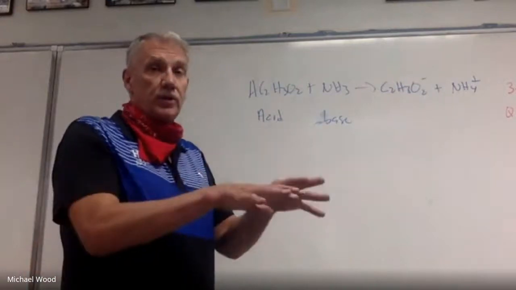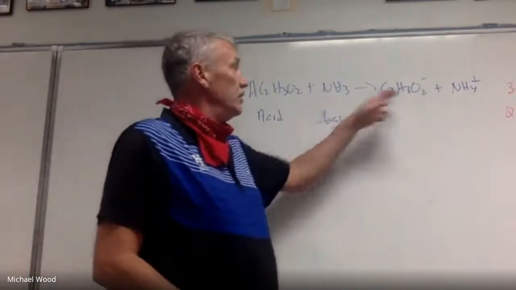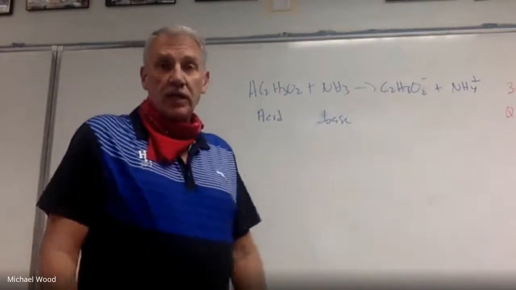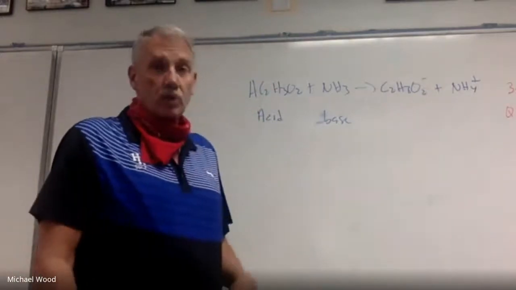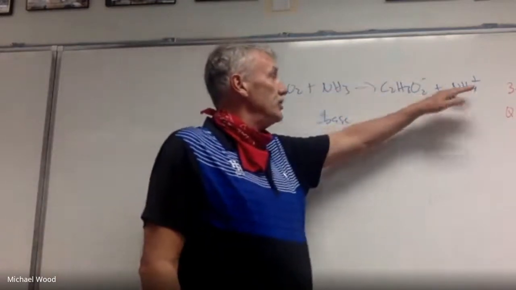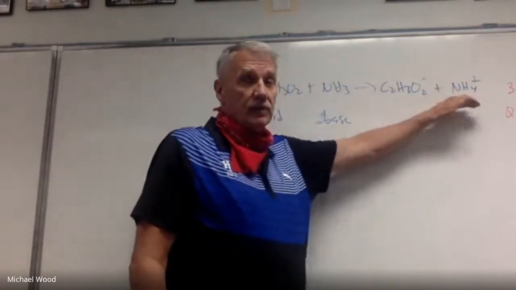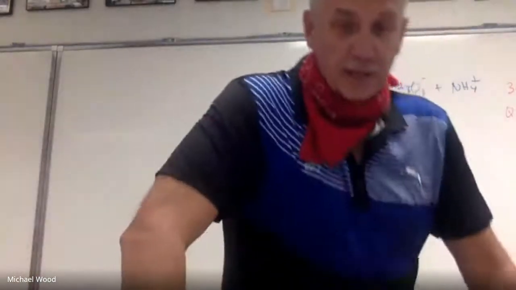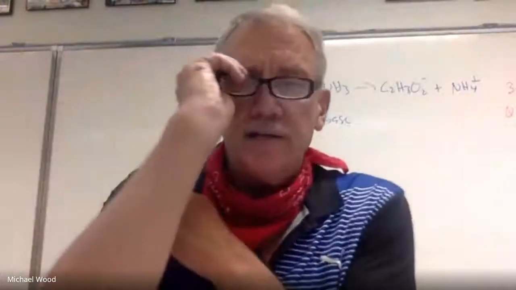They can either give up an OH, or like here, they can accept an H. Depending on how far we get in the springtime, we'll go way more into this, but a base always has a conjugate acid, and an acid has a conjugate base. So, okay, that finishes that.